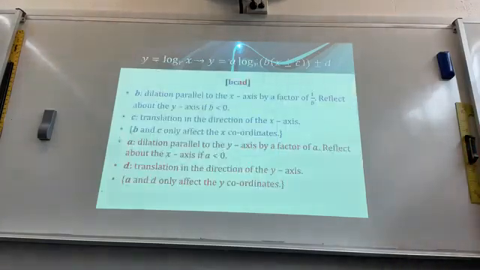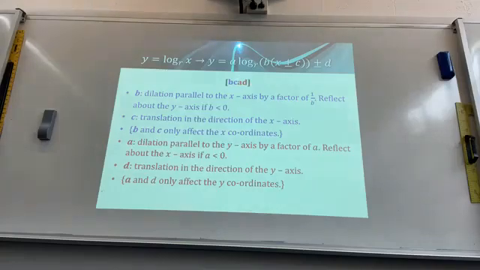Now, just generalizing everything. If I've got y equals log base r of x to y equals a log r (bx plus or minus c) plus or minus d, you should recall b and a are dilations. b is parallel to the x-axis by a factor of 1 over b.